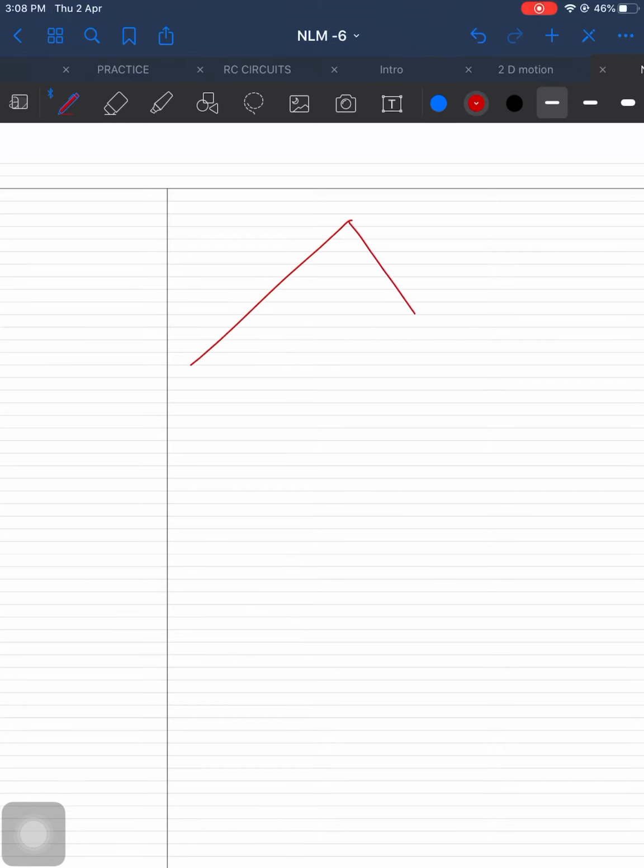See, there is an inclined plane with angle theta, there is a pulley, there is another block of capital M, there is a rope, and the rope is pulled with the force F. Okay, now what is the acceleration?